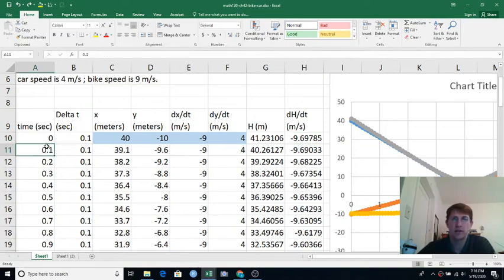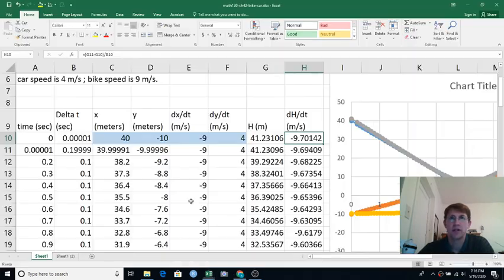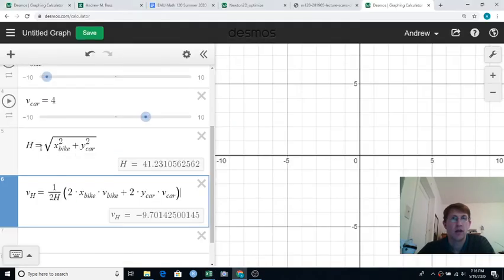You could say, well, maybe I should have taken a smaller time step to get an answer that's more like negative 9.7, which is true in a pure math way of thinking, but in a real world situation, there's plus or minus probably 5% error at least in any radar measurement, at least at the commercial level. So I'd say our spreadsheet gave us basically the right answer even at 0.1 time step size.